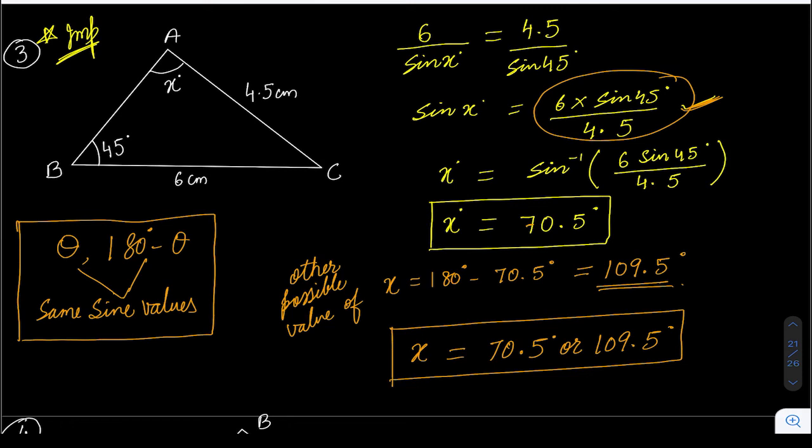So basically it just means there are two possible positions of vertex A. When vertex A changes, the angle A also changes, so this x value also changes. This is the best way to do this. Otherwise, you have to use graphs, and generally this is one of the starting topics in trigonometry, so you may not know much about graphs. That's why I think this much is more than enough.